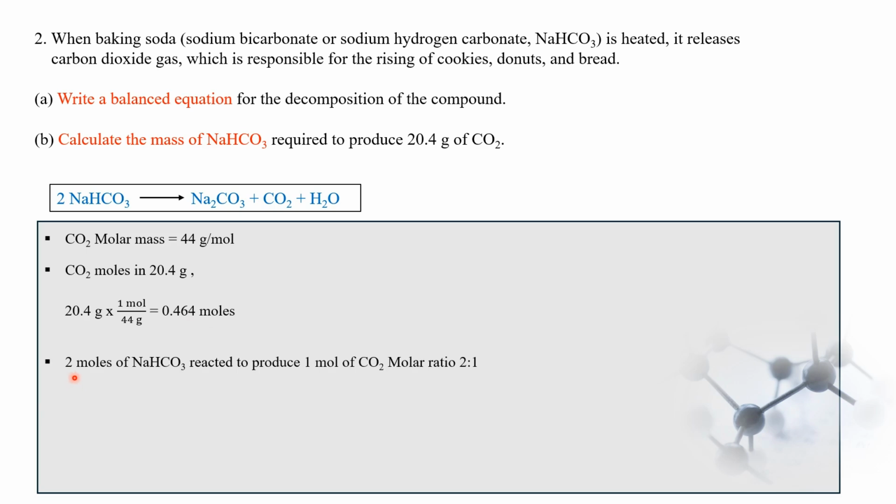Next, let's go to the balanced equation. According to the balanced equation, 2 moles of sodium bicarbonate reacted to produce 1 mole of CO2. The molar ratio is 2 to 1. So whatever the amount of sodium bicarbonate present, always half of that amount of CO2 is produced. Now after you identify the molar ratio 2 to 1, 0.464 moles of carbon dioxide produced means 2 times that amount of sodium bicarbonate should be available, that is 0.927.